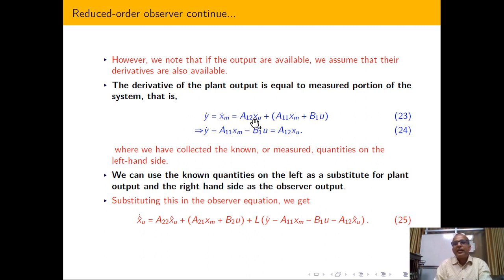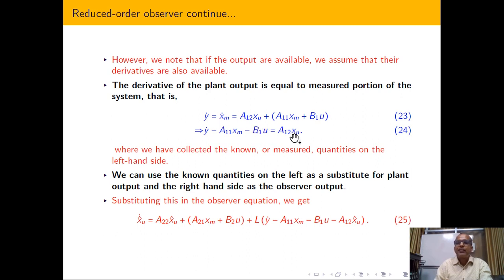So now here you can assume that if the output is measurable, then I have a certain kind of circuit which is going to measure the derivative of that output. And due to that reason, I can assume that I know the derivative of the measured part. And if you assume that, then I am able to write it like this. So here you can see that y is known to me, so y dot is known to me, xm is known to me, A11 is the system matrix, and B1u I am assuming is the same for controller and observer.